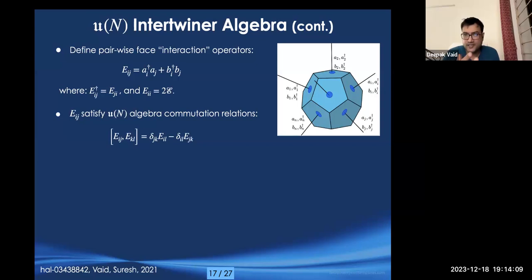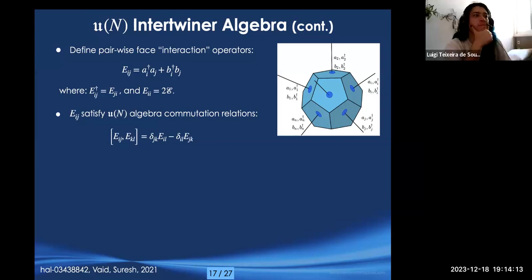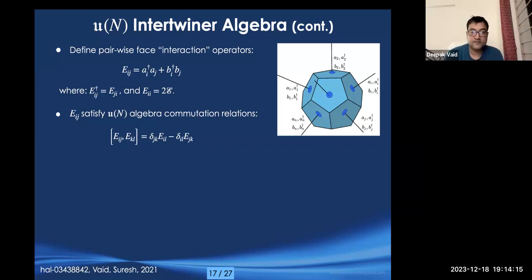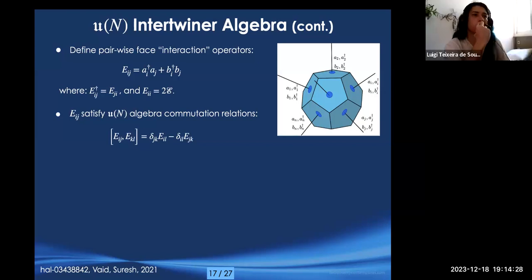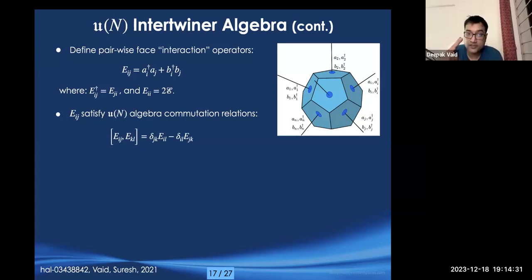So this is really the brilliant insight of Freidel and Livine, right? First of all, you take these edges corresponding to spin networks, then you map them to the harmonic oscillator algebra. When you do that, you get a pair of oscillators on each edge.